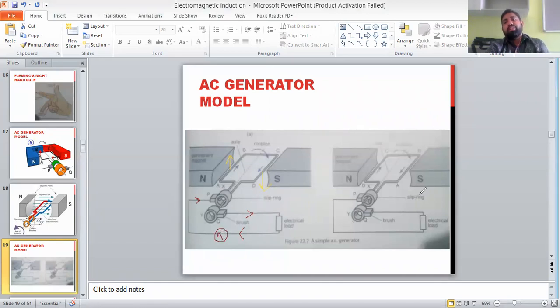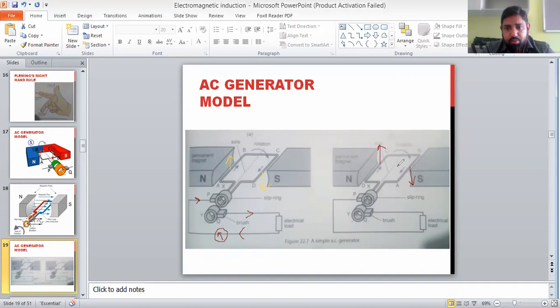Okay. Now second diagram, that coil was being rotated in clockwise direction. So after 180 degree rotation, the left and the right parts of the wire will switch. Now AB is moving downwards, and CD is moving upwards.